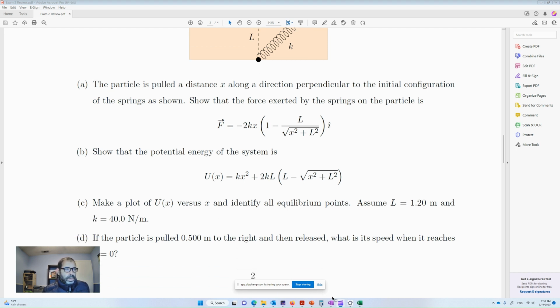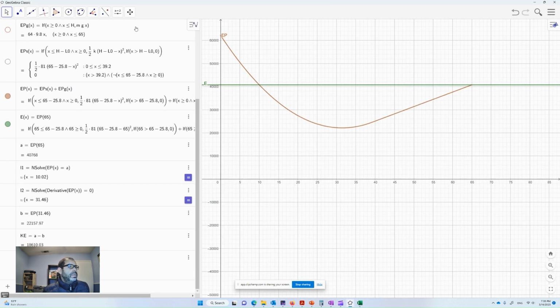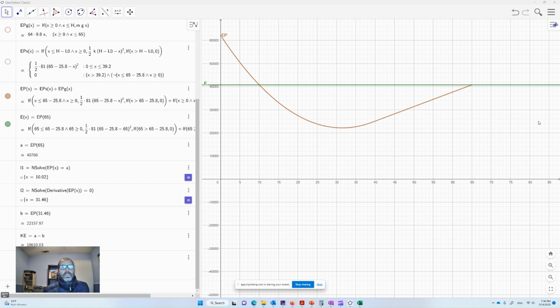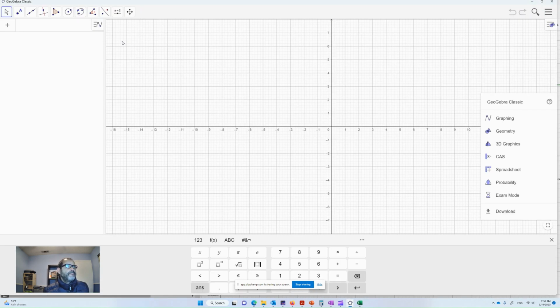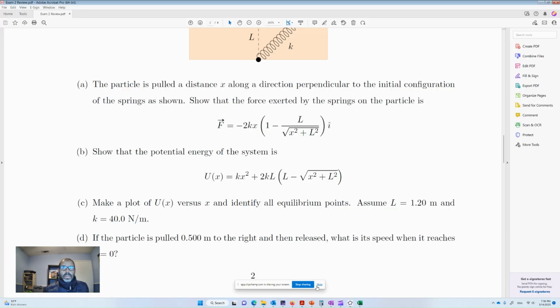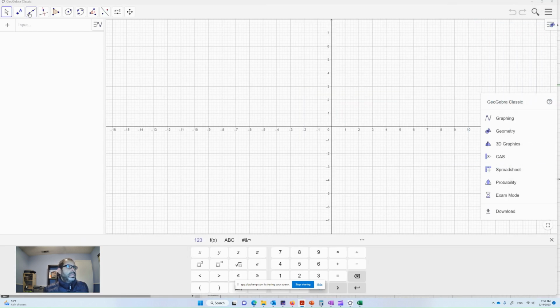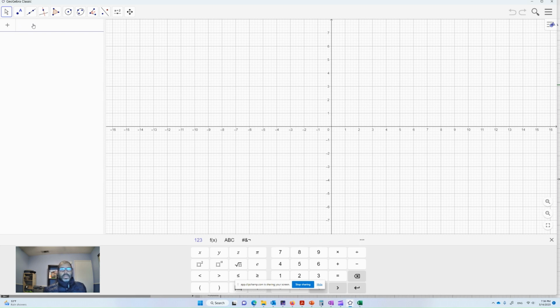So let me get GeoGebra going. I know we used it last time, and actually let me get another one in. I don't want to confuse the two in here. And let me move the potential to the other screen for a moment so that you can see it.